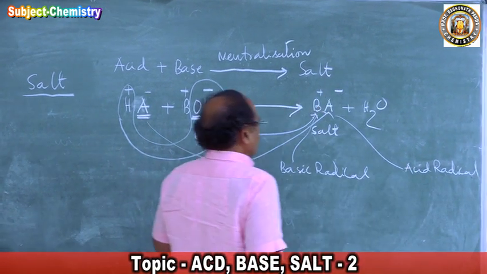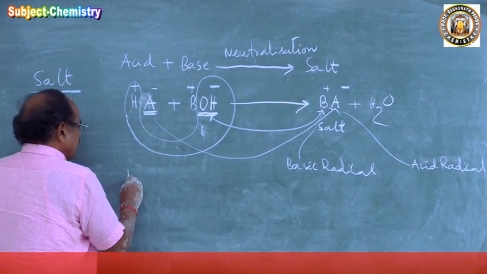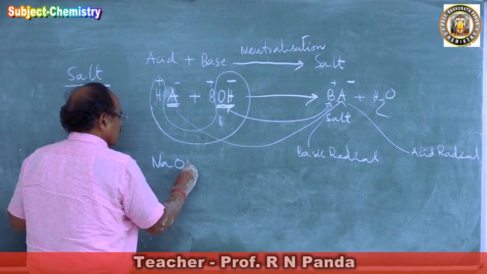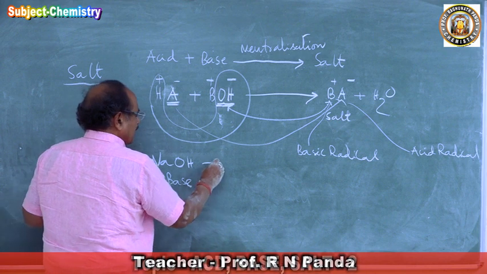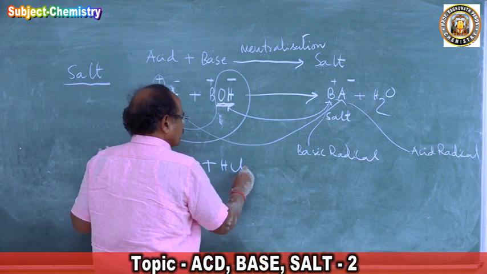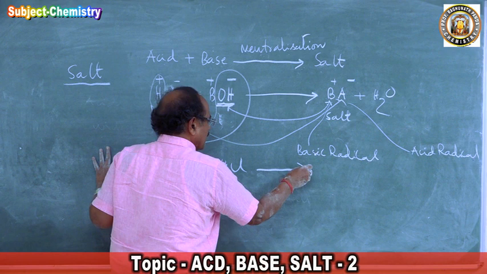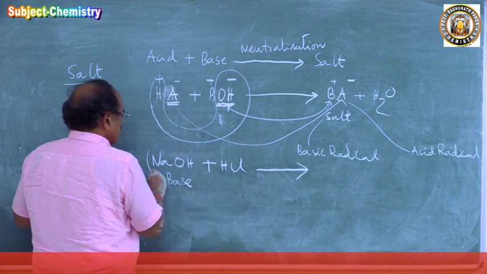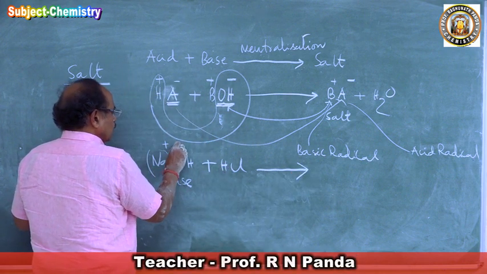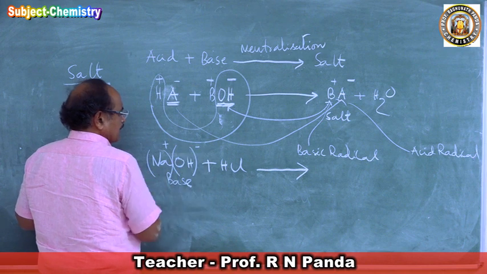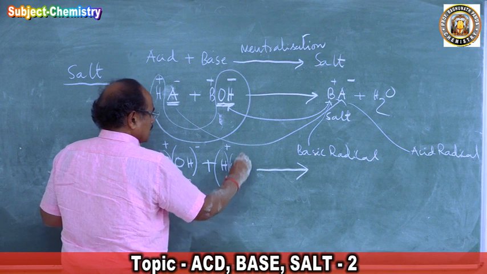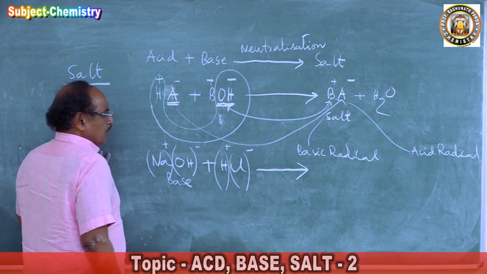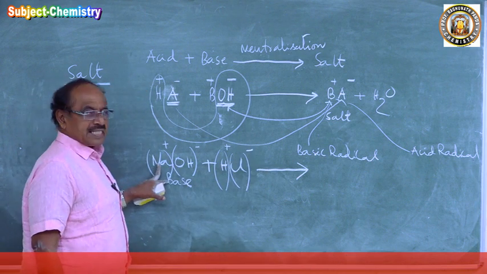So let me take an example. The base is sodium hydroxide, and I'll take the acid HCl. So what will happen here? Sodium is positive, Na plus, OH minus is negative, H plus, Cl is minus. We know opposite charges attract.